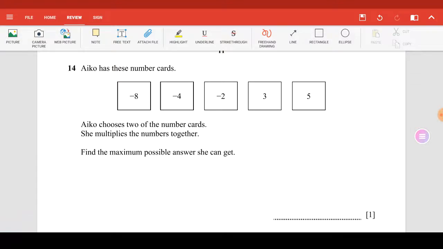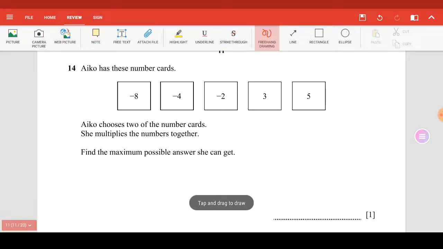Aiko has these number cards: -8, -4, -2, 3, 5. Aiko chooses two of the number cards. She multiplies the numbers together. Find the maximum possible answer she can get.